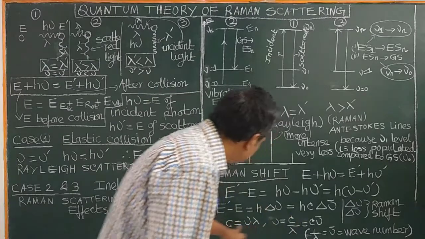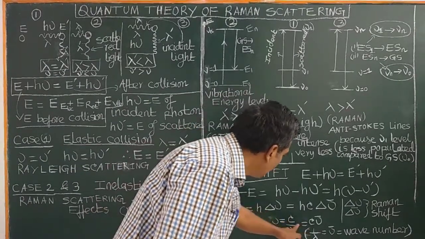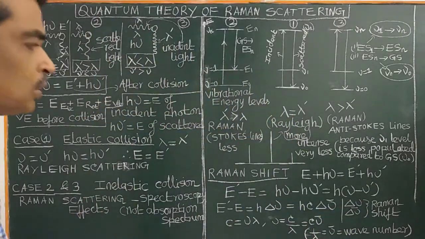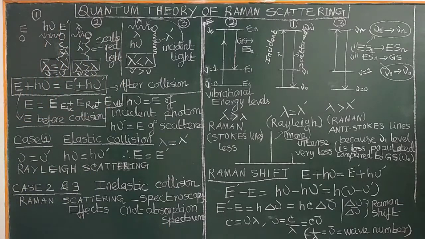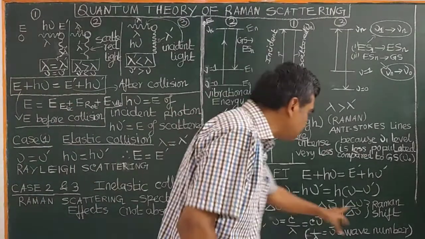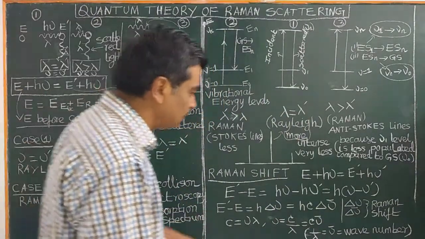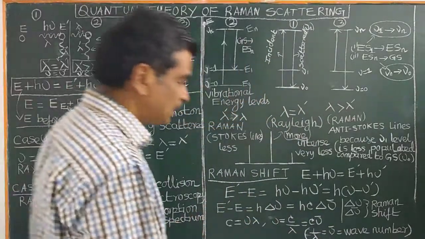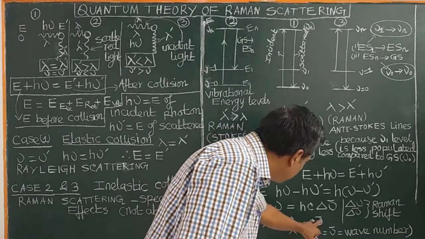C is equal to nu lambda, that is nu equals C by lambda. 1 by lambda is called the wave number. In most of the spectroscopy, in vibrational and rotational spectroscopy, it is expressed in wave number, not in terms of wavelength or frequency. So in problems they will give it in wave number only. Therefore, nu equals C nu bar.